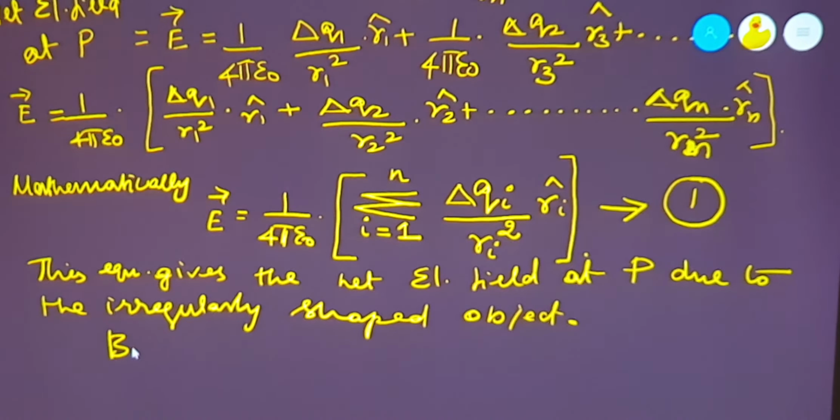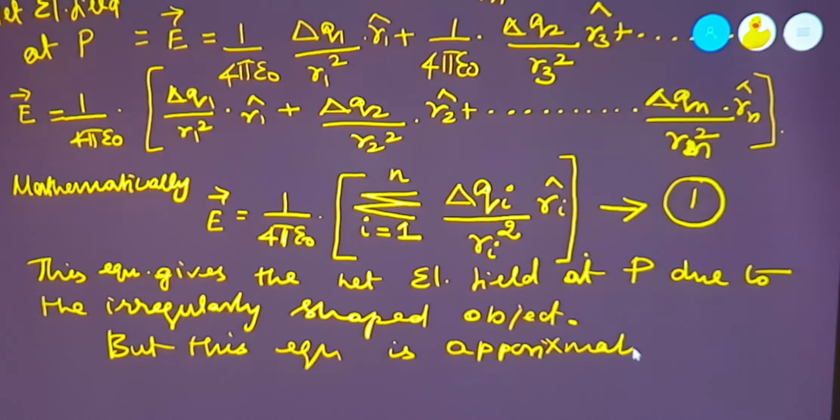But this equation is approximate. This equation is not so accurate. This equation is considered to be an approximate value.